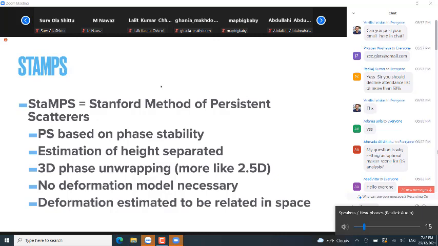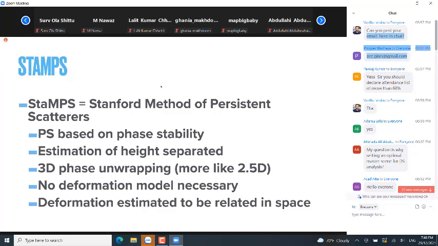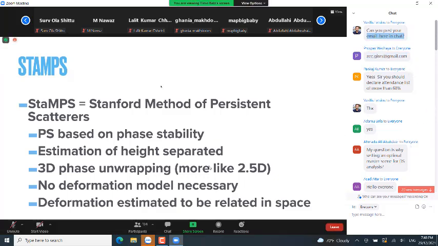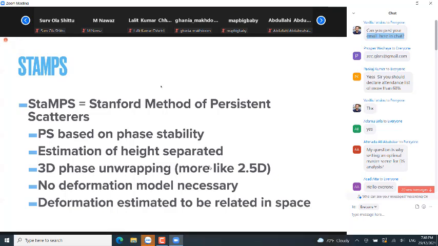And that allows us then to have a model-free deformation. So in StaMPS, we do not estimate, for example, a linear deformation. We can get our deformation free of any model. However, if you want, it's also not free of any model. So in that case, the deformation is estimated to be related in space. All right?